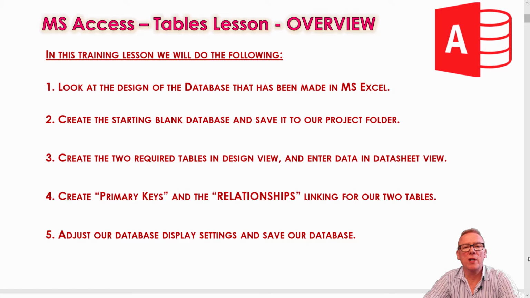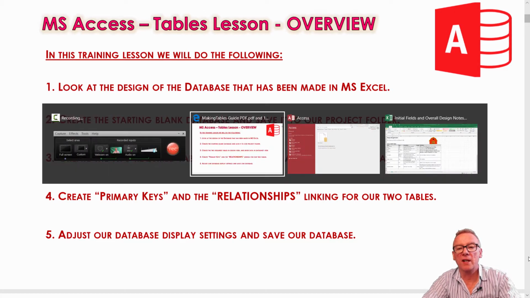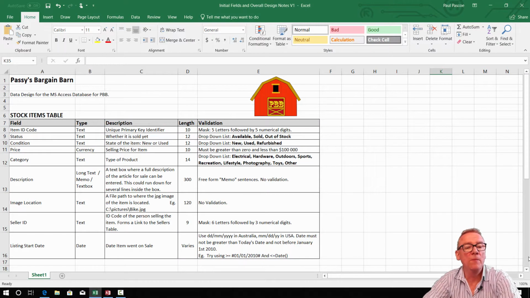First up, we need to have a look at the tables design. That's across here in Microsoft Excel. There is a download file that you can get for this lesson, and details of that will be in the YouTube video description. There's also a written guide that goes through step by step what we've done in this video, all of the steps annotated, and the link to that will also be in the video description.